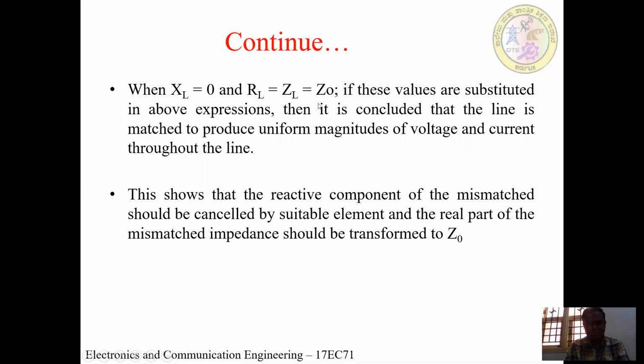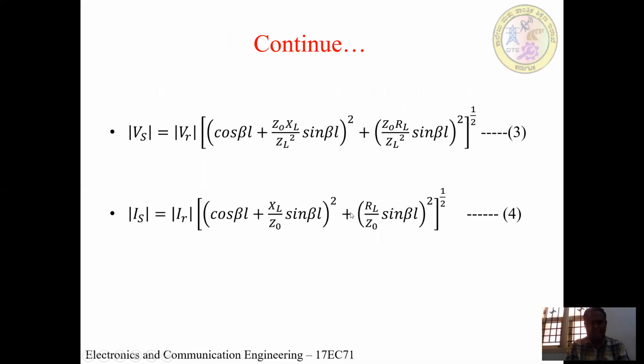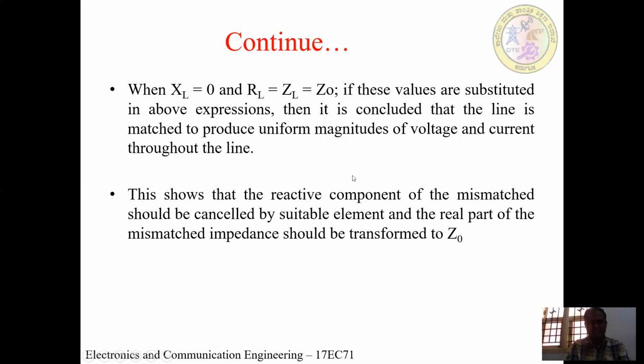If I substitute these values in this expression, then what happens? We conclude that the line is matched to produce uniform magnitude of voltage and current throughout the line.